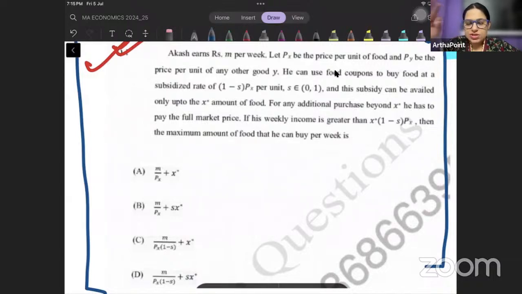Whenever such questions come, if you find any difficulty, please go ahead and take some numbers and solve.